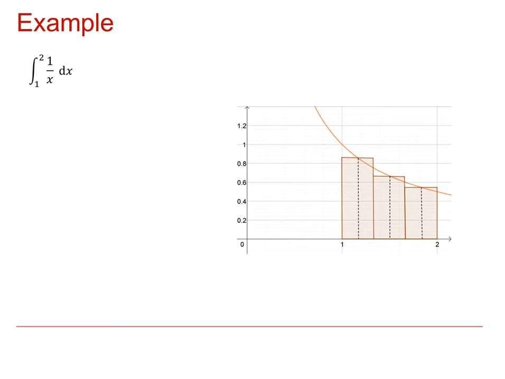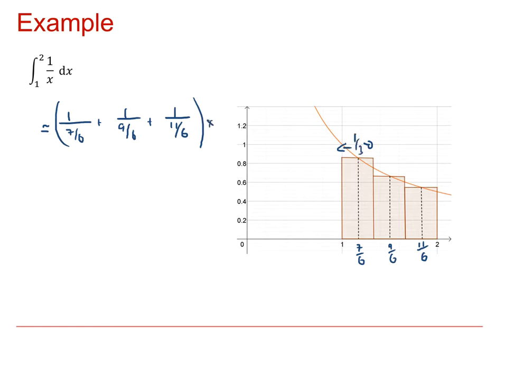We can make a further improvement by taking this time 3 rectangles. So you can see that each of these points is going to be 1 plus 1/6 here, so this is at 7 over 6. The next one will be at 9 over 6, and finally 11 over 6. The area will be equal to 1 over each of those: 1 over 7 over 6 plus 1 over 9 over 6 plus 1 over 11 over 6, multiplied by the width of the intervals, which of course, as the total interval is 1, must be 1/3.